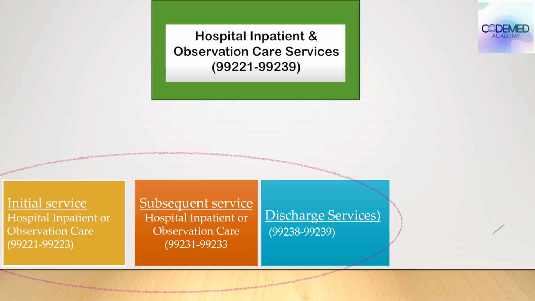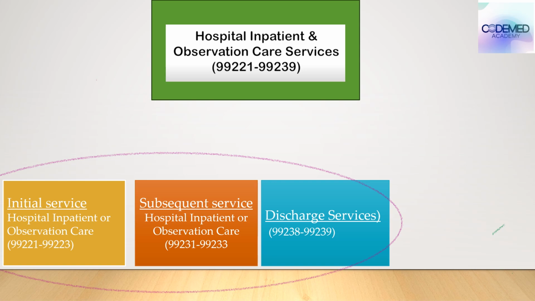Now, if you see the code range, it is divided into the initial service for the hospital inpatient or observation care, and the code is 99221 to 99223, and then we have a subsequent service that is the code range 99231 to 99233, and then we have a discharge service that is 99238 and 99239.